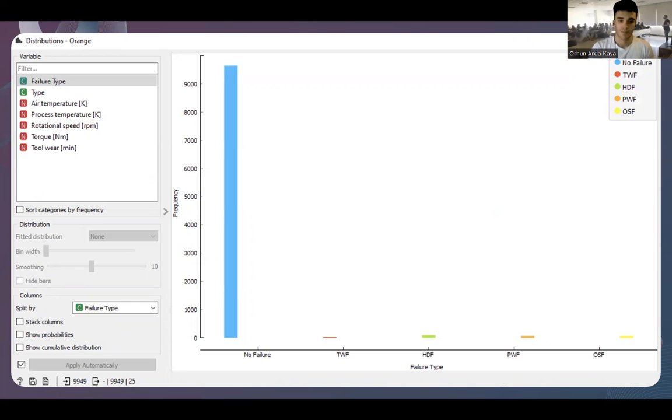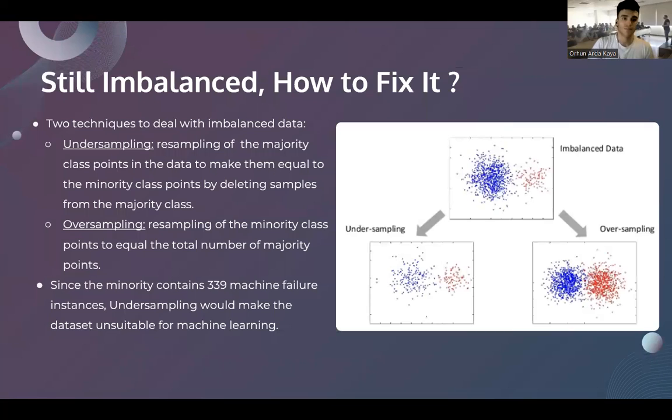Next slide, please. So yes, as Arda said, our data set is still imbalanced, and since we cannot collect more data, we need to use the data in our hands to either create new data by oversampling or just delete from the no failure instances.